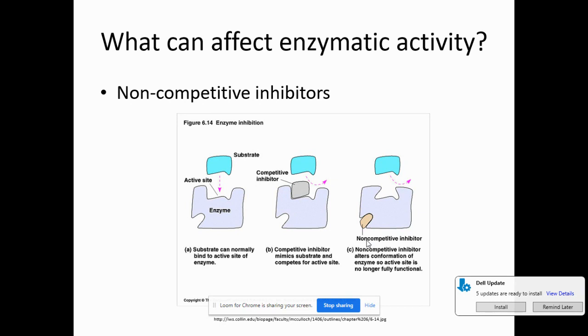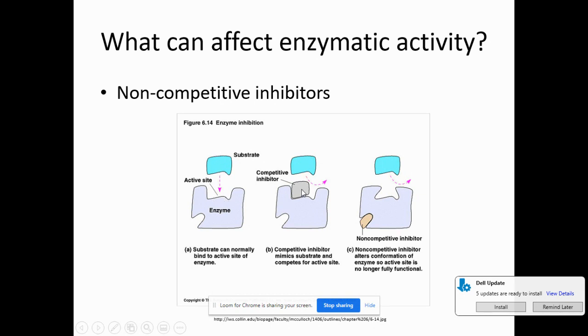All right. Then you have non-competitive inhibitors. They don't compete with the substrates for the active site. Instead, they bind to the enzyme at a spot somewhere different than the active site. And that binding creates a conformational change in the active site, thus preventing the substrate from being able to bind. So you see here, the active site, substrate binding to it.